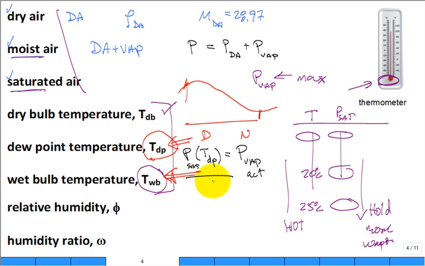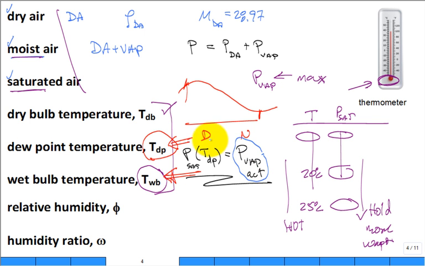I hope you struggle with it. I may make it seem too easy, but again, let me repeat that. The vapor pressure in the room is something. In this room right now, it's a lot less than the saturation pressure for the dry bulb temperature in this room. But you calculate it somehow, and you've got it.